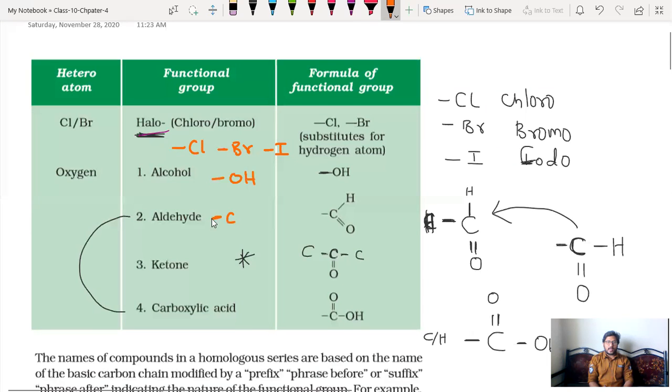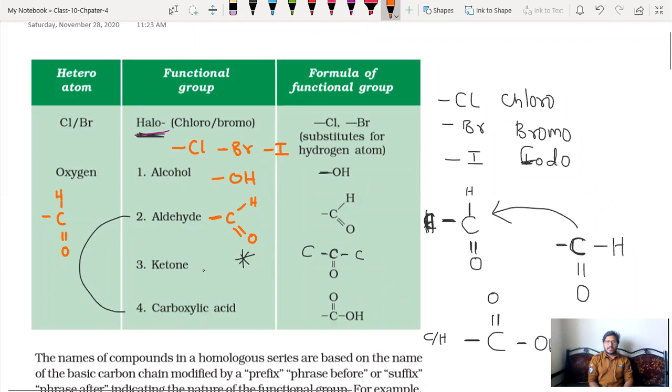We know that one is already there, which will be combining with hydrogen or carbon, etc. Second bond, hydrogen will be present, and the remaining 2 oxygen. You can draw with this angle, or you can draw like this also: carbon, single bond hydrogen, double bond oxygen. It is not compulsory for you to draw with this angle.